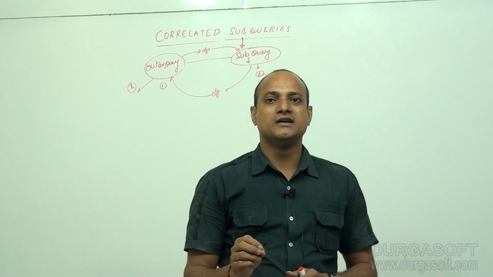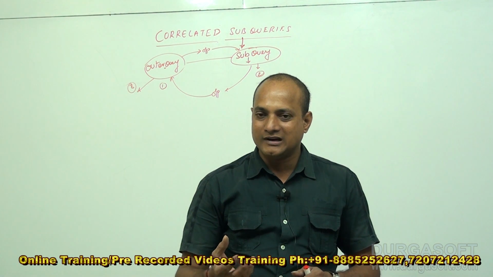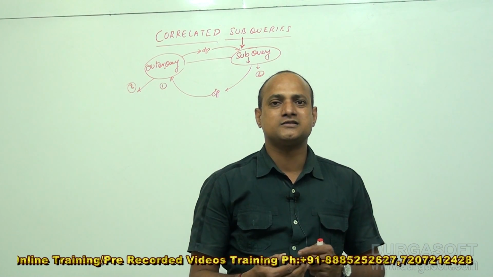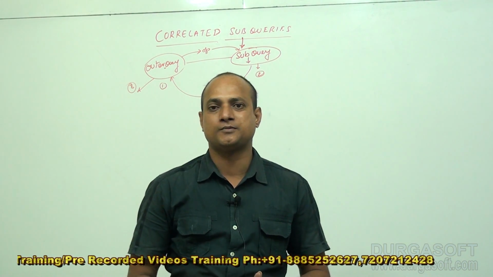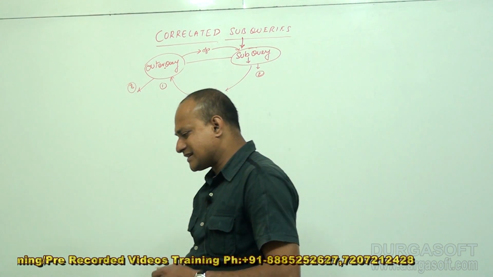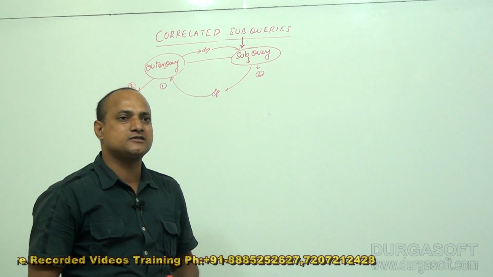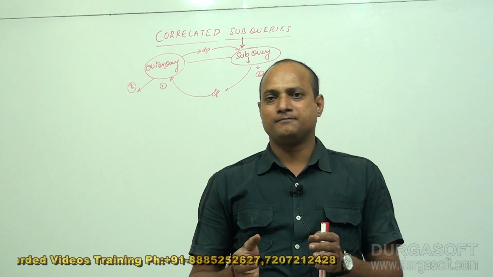Otherwise don't use it. Generally, according to my knowledge, correlated subqueries are useful to fetch reverse business process information. What is a reverse business process? Why are we calling it a reverse business? Let us see. There is a bank.